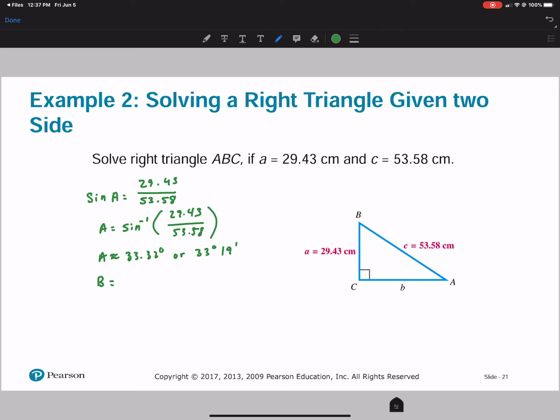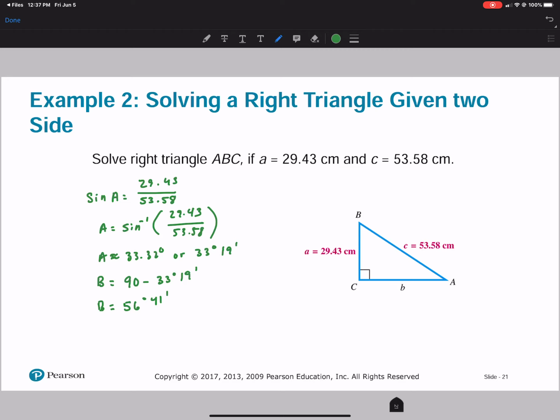You can find B by saying 90 minus the 33 degrees and 19 minutes. In your questions, they'll tell you specifically if they want decimal form or degrees-minutes form. So B is roughly 56 degrees and 41 minutes.